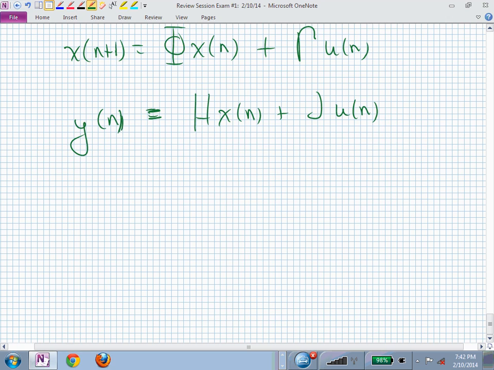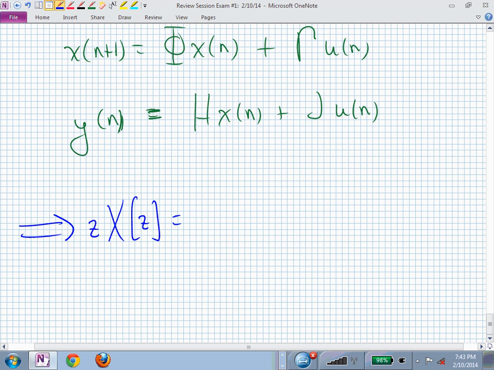I can z-transform this generic equation. If I z-transform a vector x of n plus 1, what's that going to produce? It's going to be an advanced version of the z-transform of little x of n, isn't it? So that's z capital X of z.